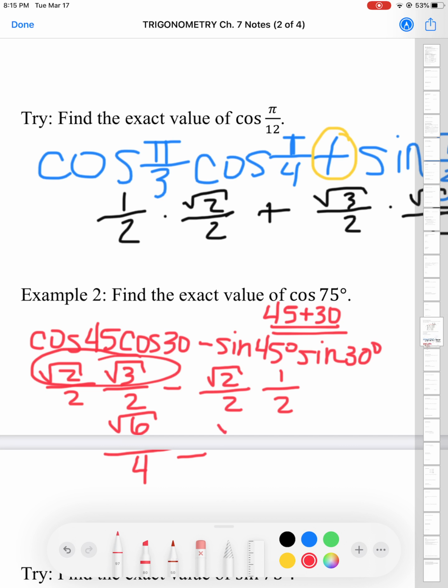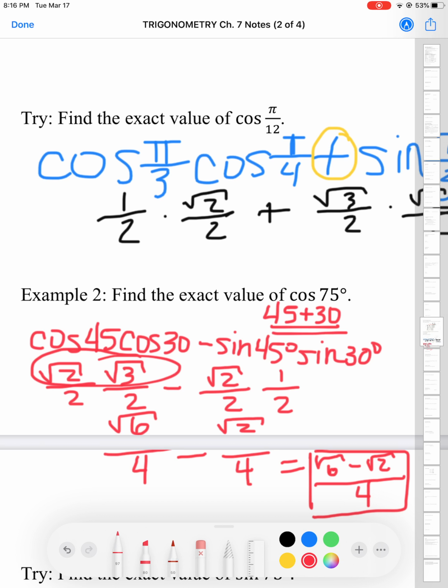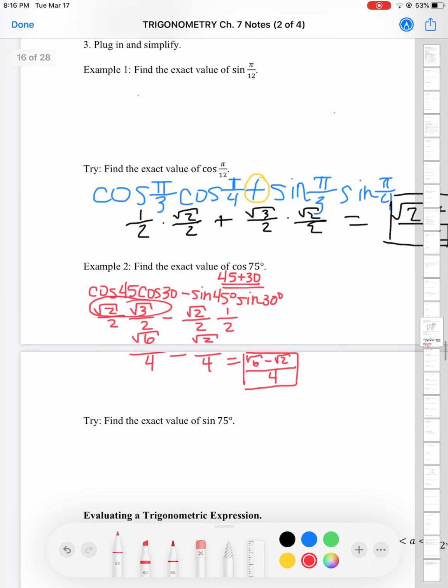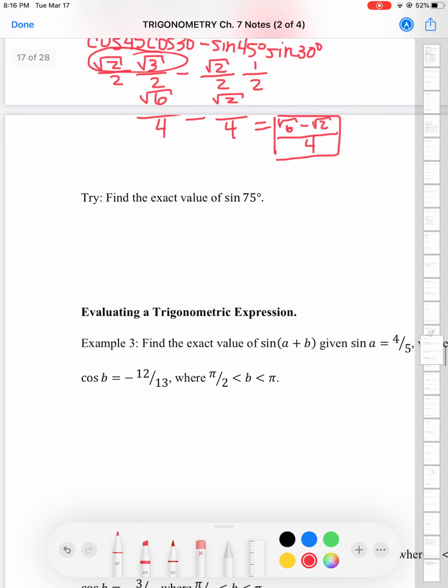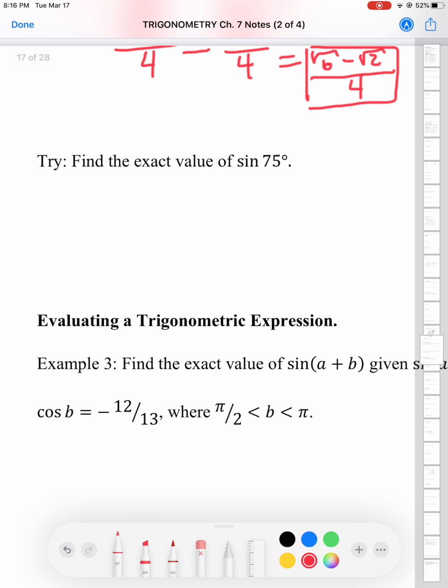Minus root 2 over 4, which would give me root 6 minus root 2 over 4. Remember, if you're checking this one on your calculator, please switch to degree mode. And if you want to try without me, go ahead and do it now before I jump right in.